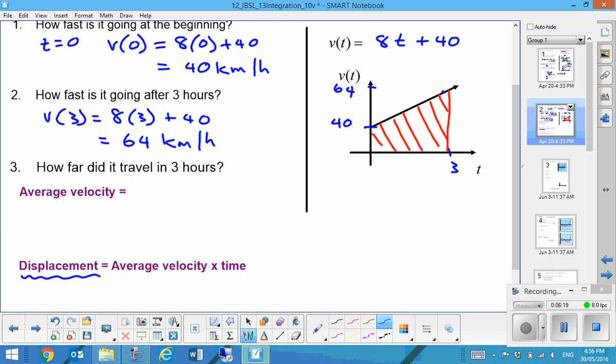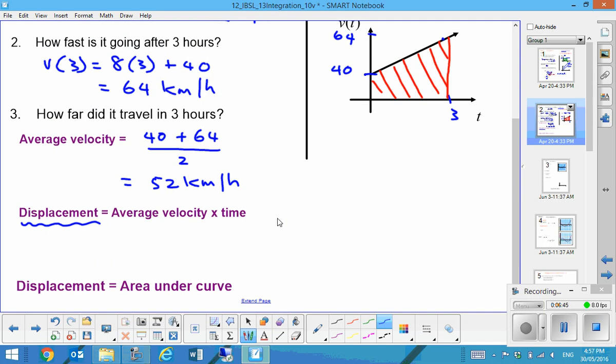What is the average velocity? Average velocity is your initial, which was 40, plus your final, which was 64, over 2, because we want to just get the average. So that gives 104 over 2, so our average velocity is 52 kilometres per hour. So now to get our displacement, we can go 52 times 3 is 156 kilometres, just using an average velocity.